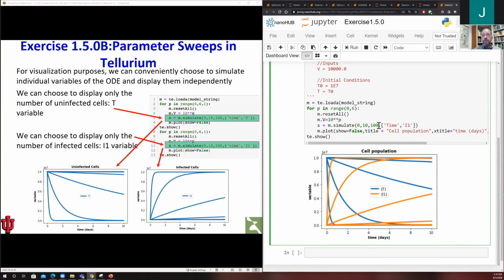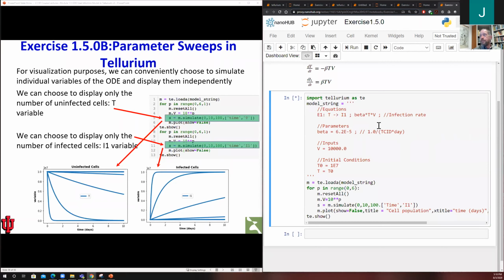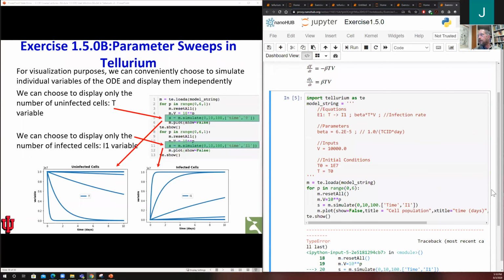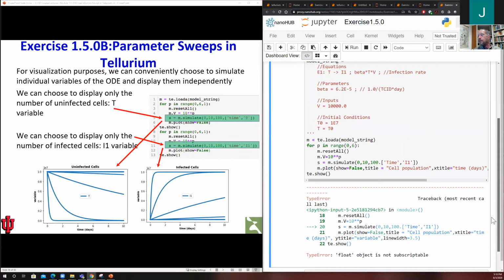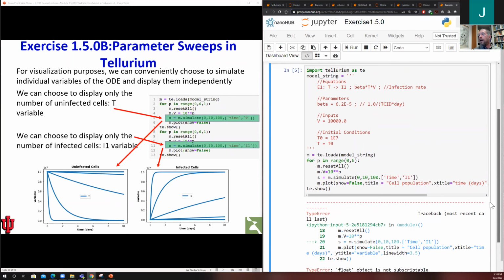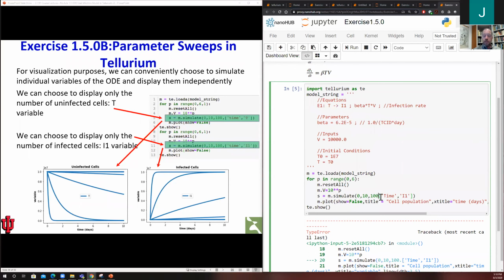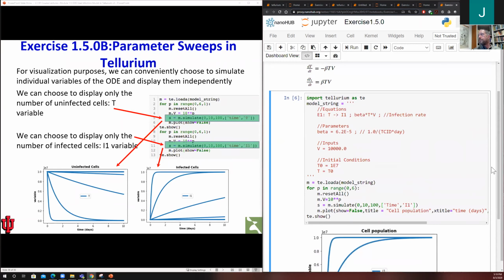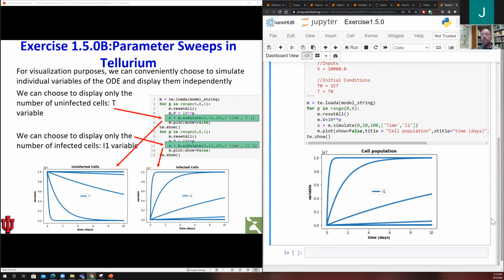Okay, everybody try that. Run it. Oops, I typed something wrong. Float object is not subscriptable. Ah, typo. I put a period instead of a comma. And so now I have just the number of infected cells versus time. Everybody try that. And why don't you also try plotting the number of uninfected cells, the number of T cells?